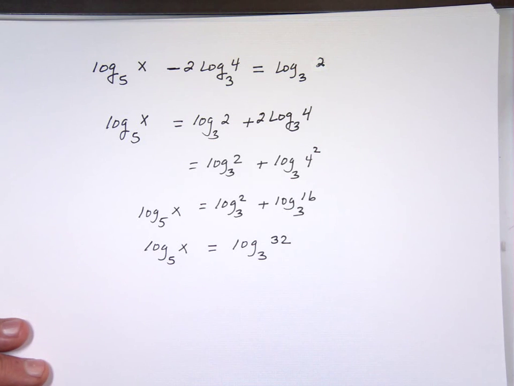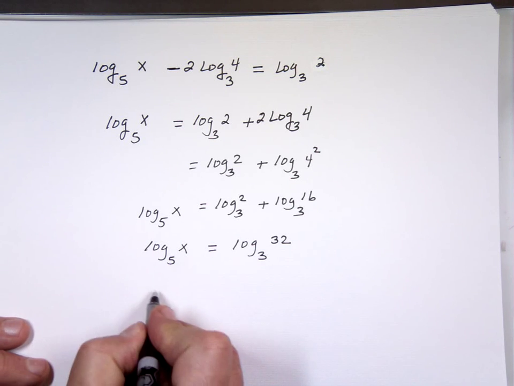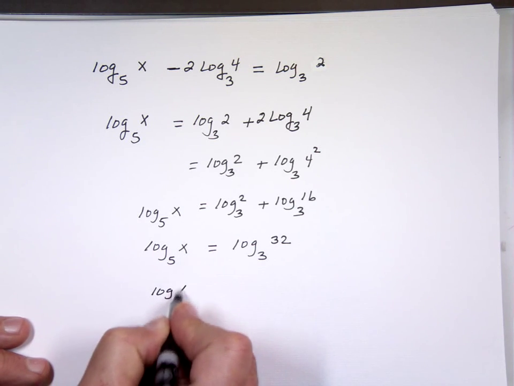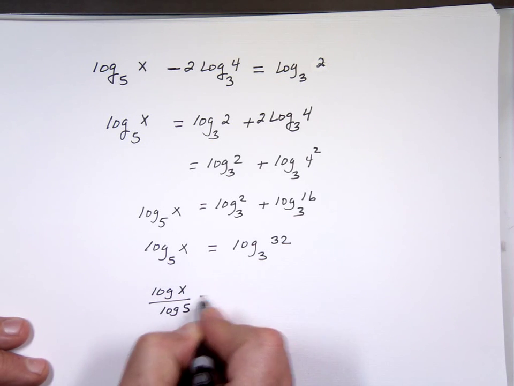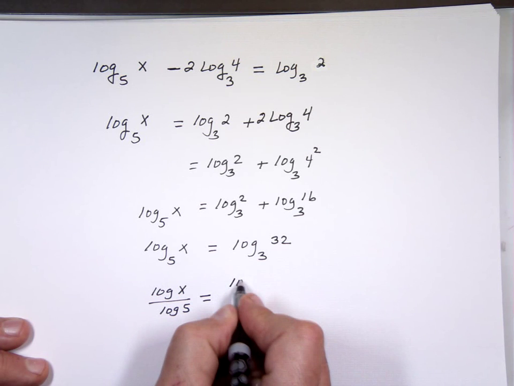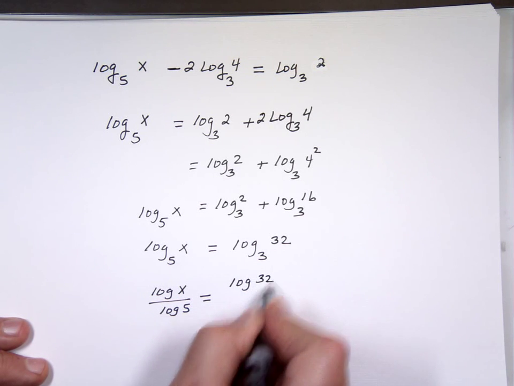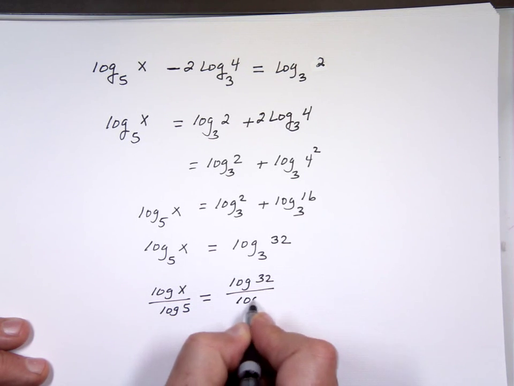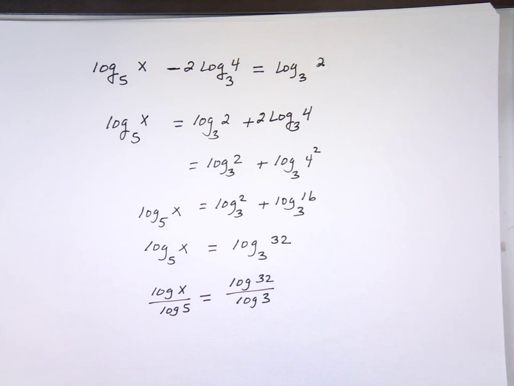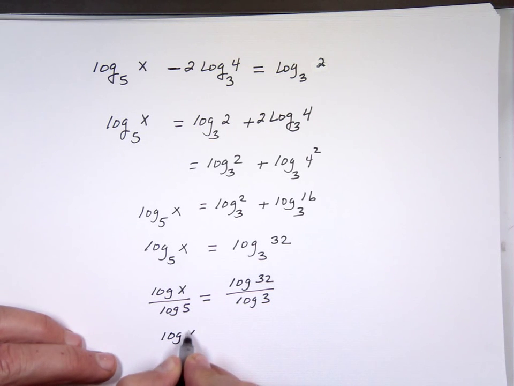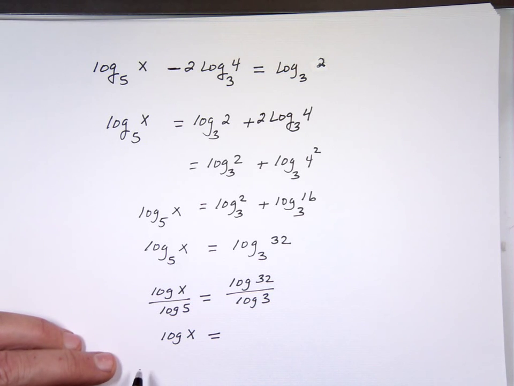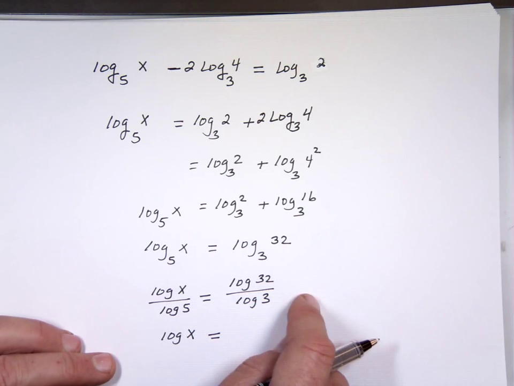So I can make this log x over log 5 equals, I can write that as what? Log 32 over what? Log 3. If I'm lucky, this is solvable for x, because I can go log x equals what? I can multiply both sides by log 5 to cancel that log 5.